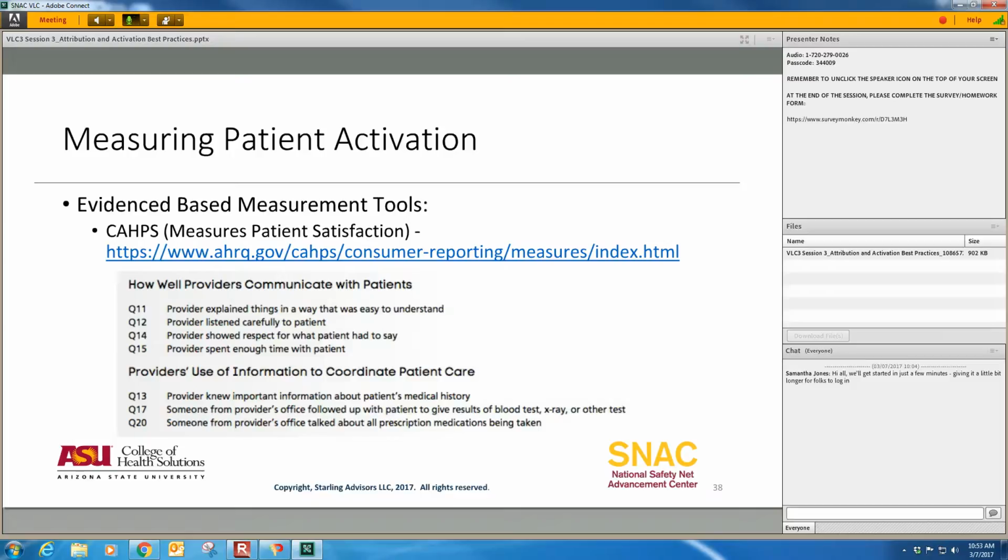CAHPS is an evidence-based measurement tool used nationally, but I'm sure there are other aspects that you're measuring in patient satisfaction, so it's not quite the same thing. But it's probably more common to have providers measuring patient satisfaction, which is related. So it's useful information, and it's a step towards really measuring patient activation.